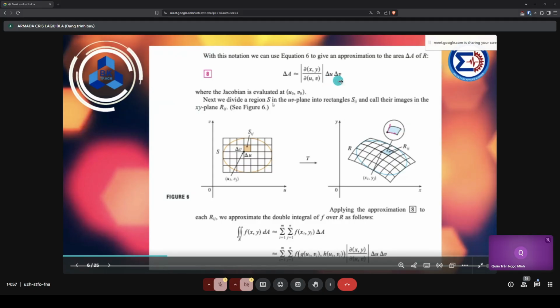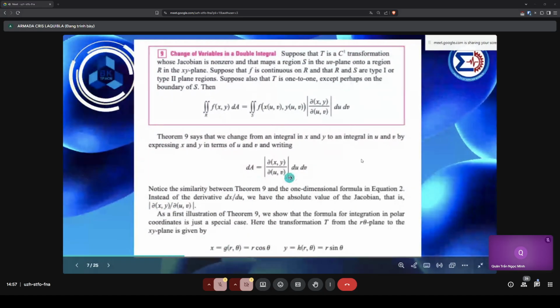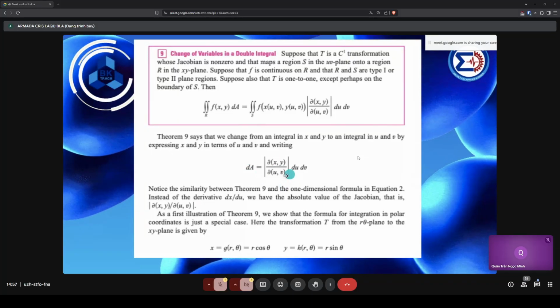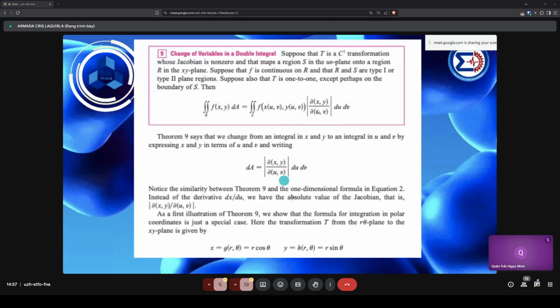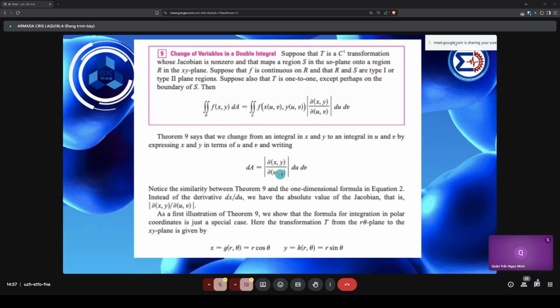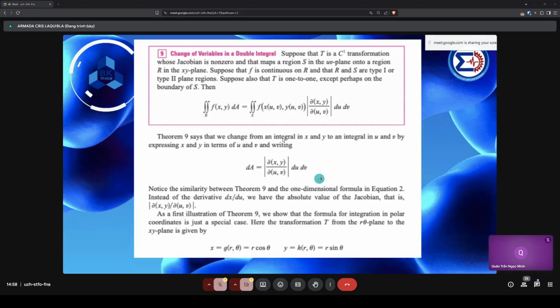For this one, just change them to du dv later. Your delta A, change that to dA, and then just copy the formula there, which is the absolute value of the Jacobian of the transformation, and then we have du times dv.